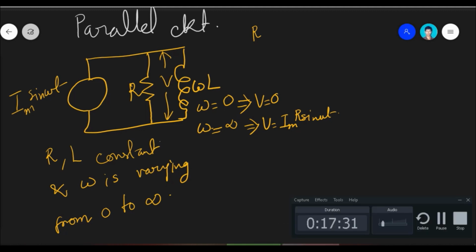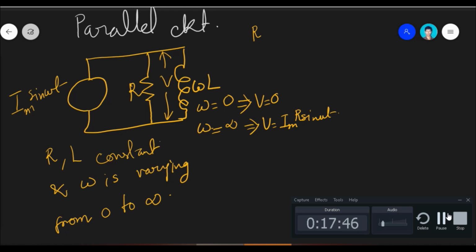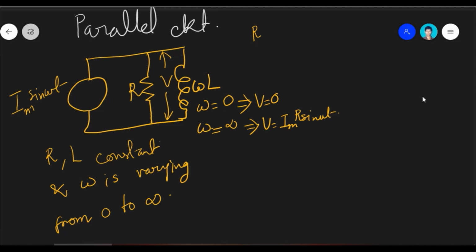Let me write. Anyways, variable L or variable omega. So here let us do something. Probably you are also aware of that, but let me show you the technique.